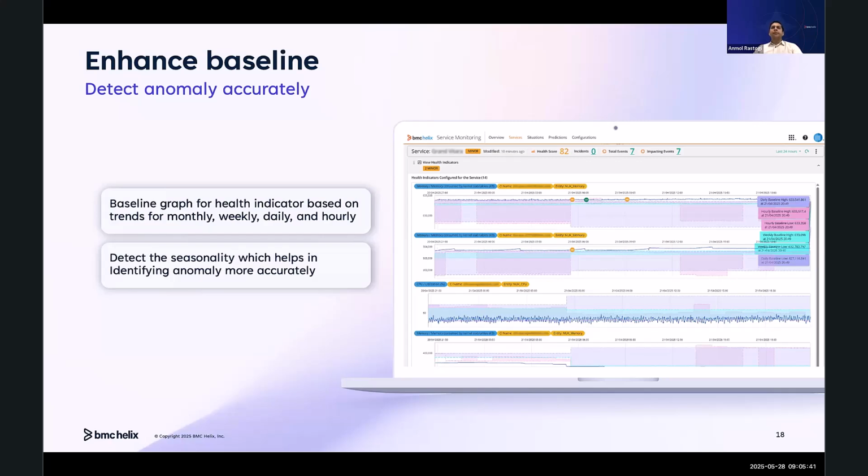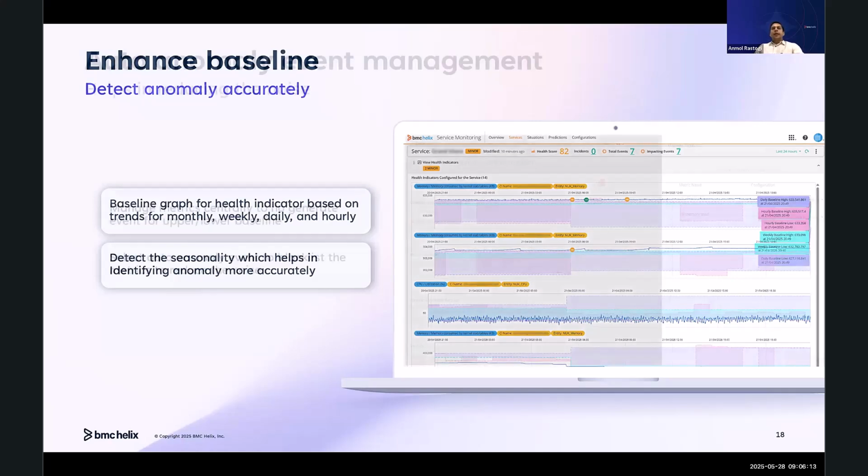If somebody applies a patch on a weekend all of a sudden, then your system is reporting high CPU consumption at that time. But since this is a weekend, it identifies those scenarios, and if there is any kind of abnormal behavior on the weekend, then it will raise an alert. So this brings seasonality-based anomaly into the picture.